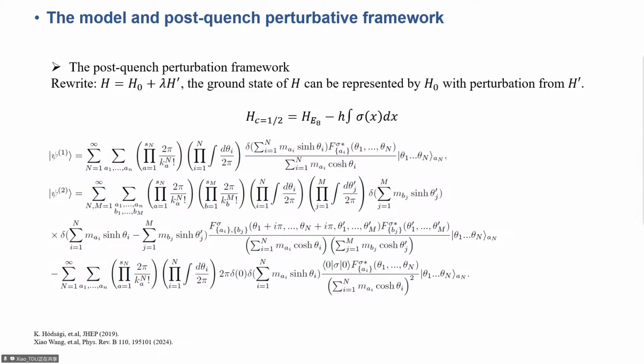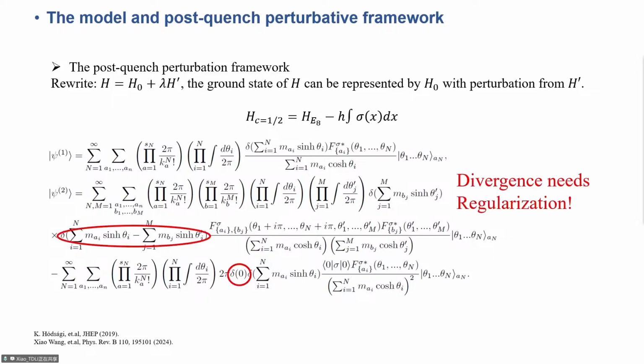So this delta zero will give you some divergence in the second part. And in the first part, I insert two different complete bases in the matrix element. If these two different complete bases become the same, then this will also contribute some delta zero in the first part. So somehow the perturbative framework breaks down, and I have to do some regularization to cancel these two infinities.